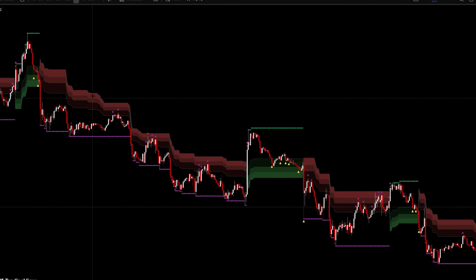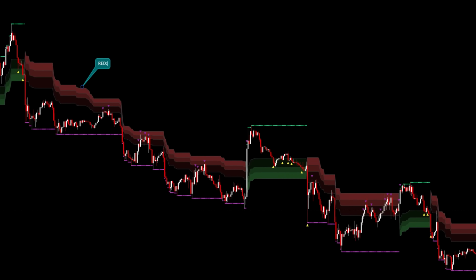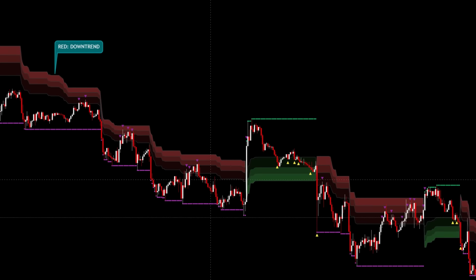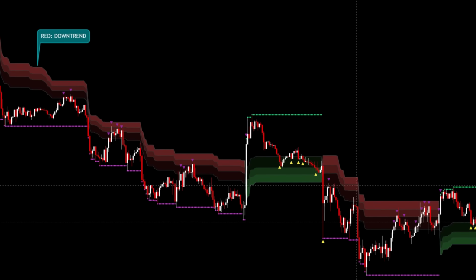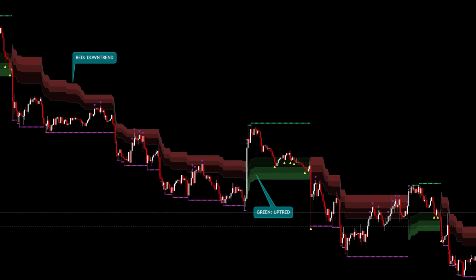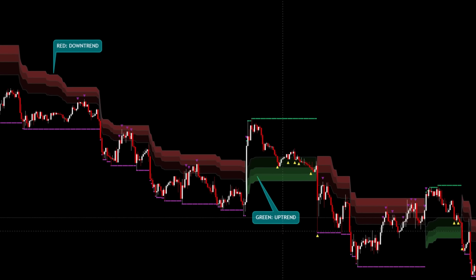It turns green in uptrends and red in downtrends. That's what we use to filter out the counter-trend signals we don't want to take. But here's an important step. The default settings don't match this scalping trading strategy, so we adjust them.